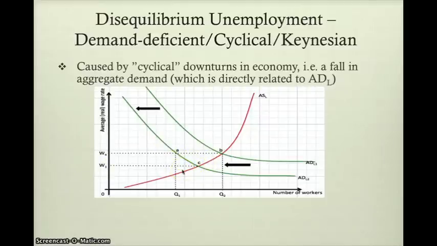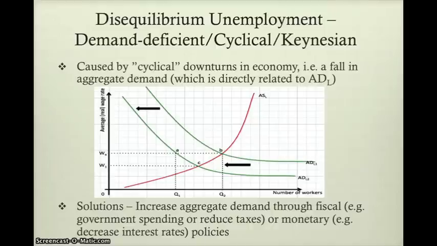This is because of sticky wages such as mentioned earlier: trade unions, government minimum wages, and so on. So the solution to this type of unemployment is obviously increasing aggregate demand through fiscal policies, like government spending projects or reducing taxes, or monetary policies, for example, decreasing interest rates. The central bank can do that.